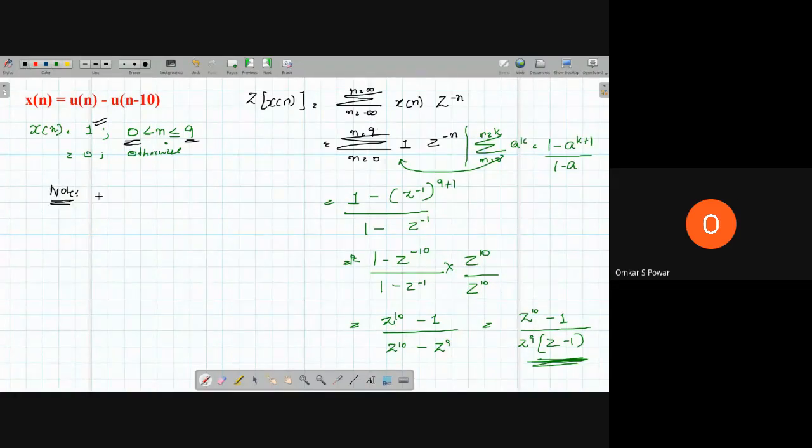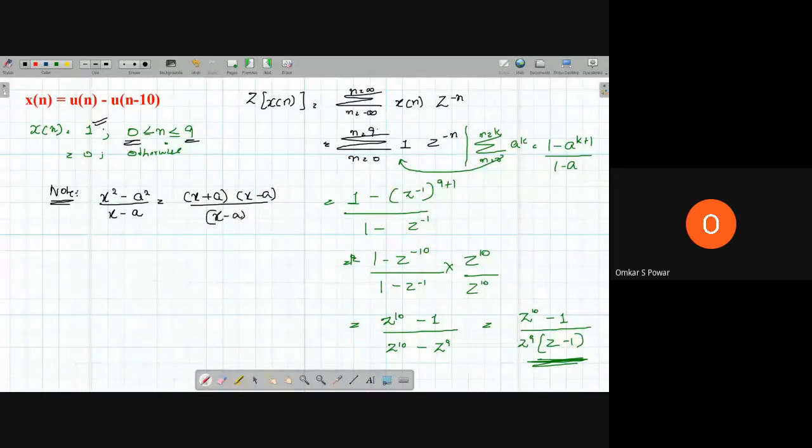Okay. So what is that? If you have the formula x squared minus a squared divided by x minus a, what will you get? The numerator is x plus a into x minus a, and the denominator is x minus a, so your denominator term cancels out. Similarly, x cube minus a cube divided by x minus a. How can we simplify this?